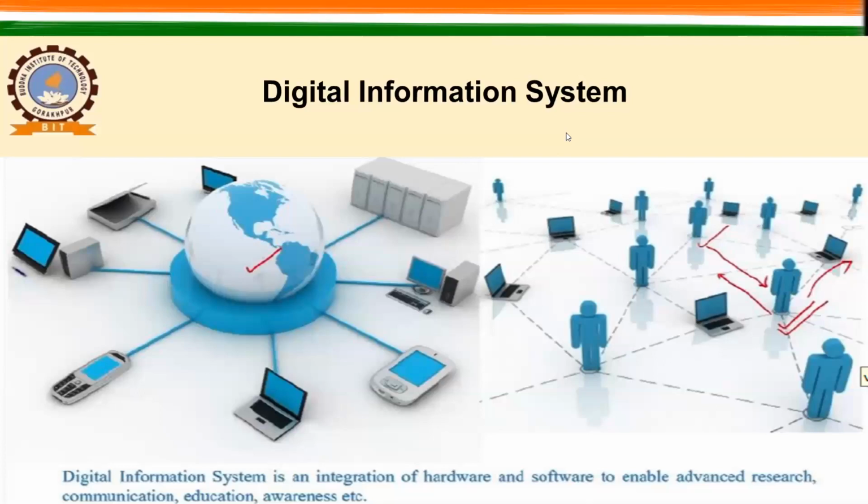It also applies to a group of people: maybe you have very restricted information which can be accessed only by a few individuals. That also qualifies. Nowadays, when you go to the field, you collect some data and send it from there to your office or lab. Or somebody else has completed the field investigation and you want to assess it, and it can come to you through this digital information system.